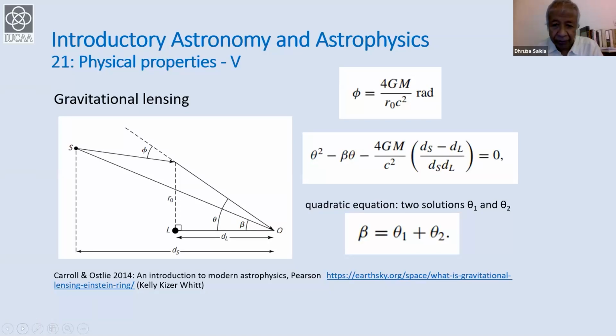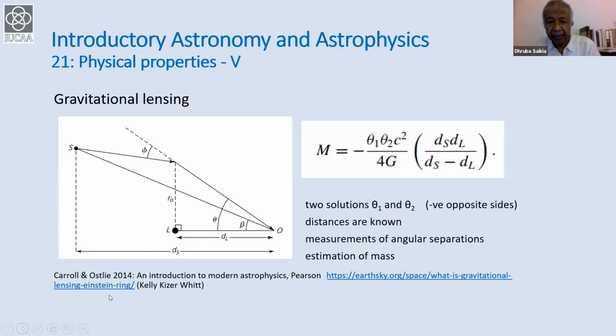Now, you can see that as long as you can measure theta and the distance to the source and the distance to the lens, you can get an estimate of the mass M. This is the expression: M is equal to minus theta 1 theta 2 c squared upon 4G, times ds dl upon (ds minus dl).